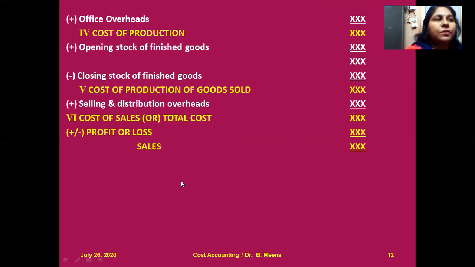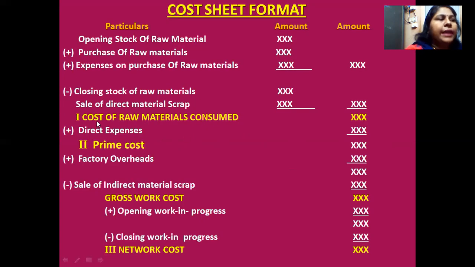The 6 calculations of the cost sheet are: first, I need to calculate the cost of raw material consumed. Then second part of the cost sheet, I need to calculate the prime cost. The third part of the cost sheet is I need to calculate the work cost, but this work cost answer will split into gross work cost and net work cost.